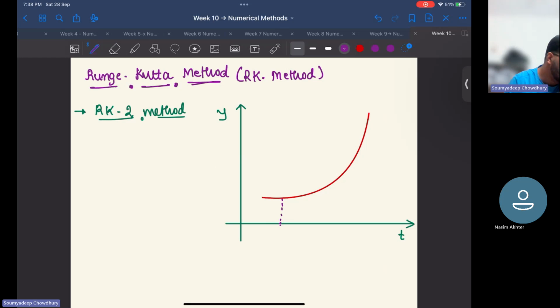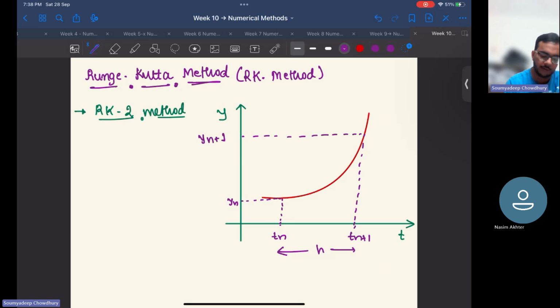One is Tn here. Other is say Tn plus 1 here. So this is your h here. This is the value of yn. This is the actual value of yn plus 1.